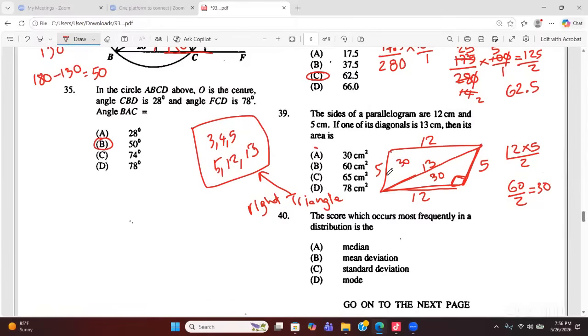So it's this. Or you could have just said length times width, because you understand that this is basically a rectangle. So you could have simply said 12 times 5 as well and get your 60 for your answer. I think I still circled 30, even though I'm saying 60.